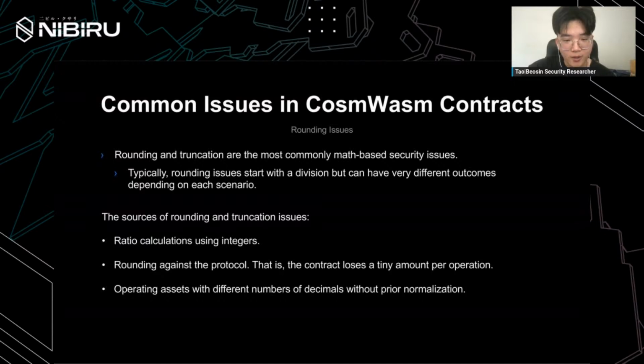Especially when your projects are lending protocols or similar projects. And the third one is operating on assets with different numbers of decimals without prior normalization.